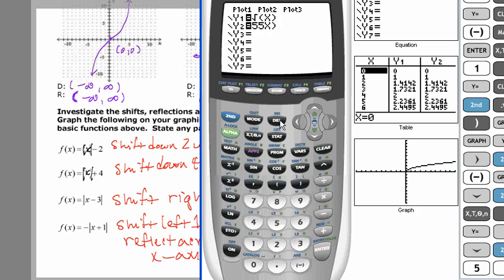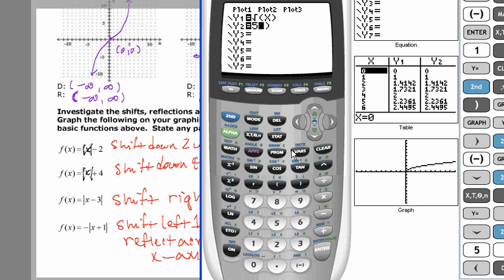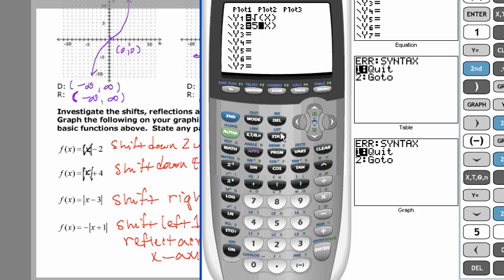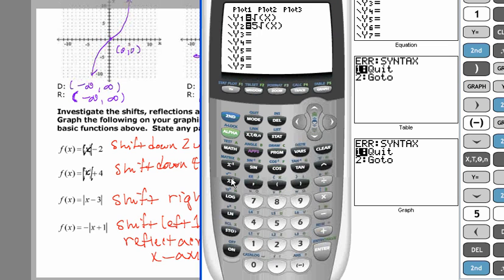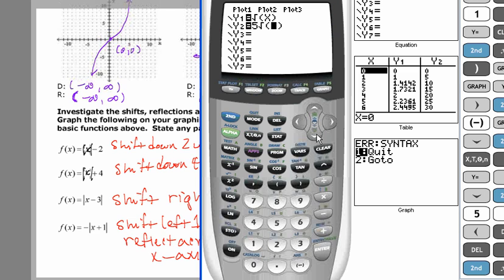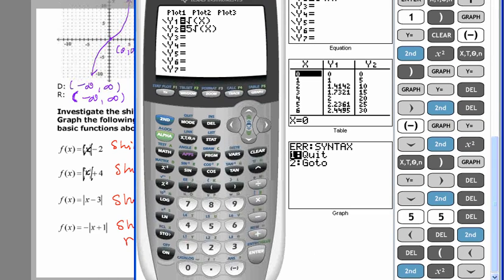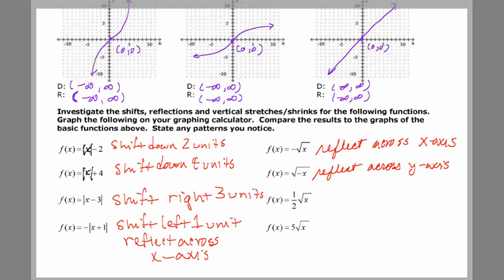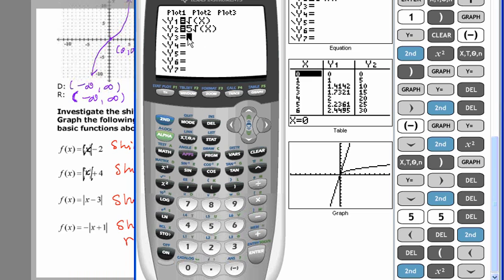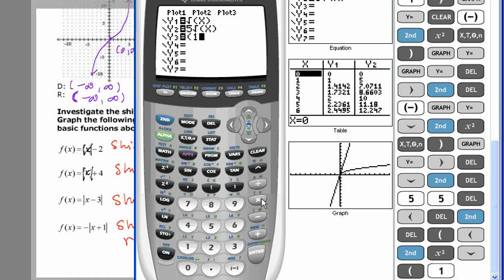Let's delete one of those. Well, I didn't want to do that. I want to delete this, and let me insert my parenthesis, and I lost my radical. There we go. And I think the other one was a 1/2. So here, let's type in parentheses 1/2.